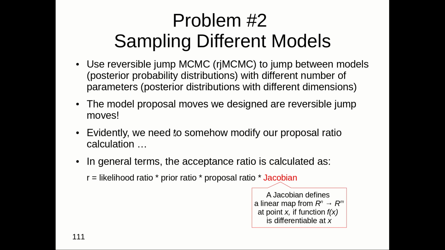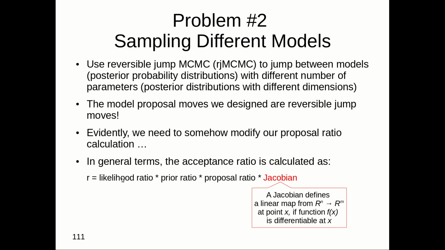But evidently, since the models we're jumping between have different degrees of freedom, we somehow need to modify our proposal ratio calculation to punish the models that have more free parameters, because if a likelihood model has more free parameters, the likelihood will improve automatically. So we need to correct for this.